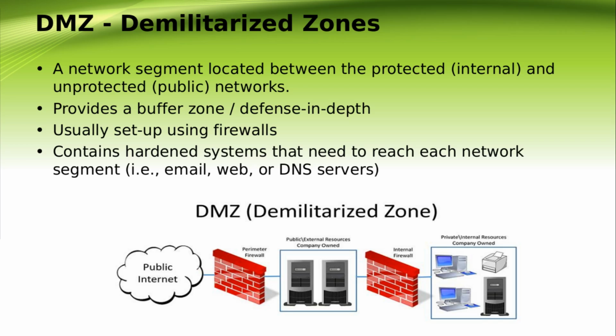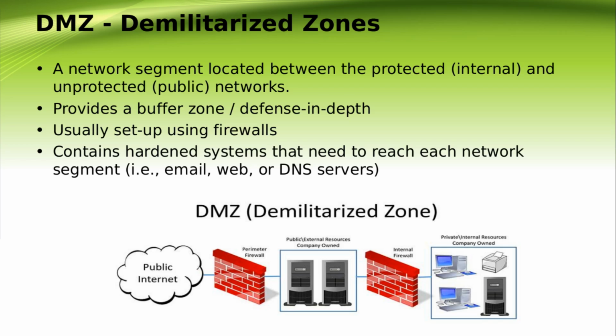This implementation is known as a screened subnet. It is deployed by placing the DMZ subnet between two firewalls, where one firewall leads to the internet and the other to the private LAN.